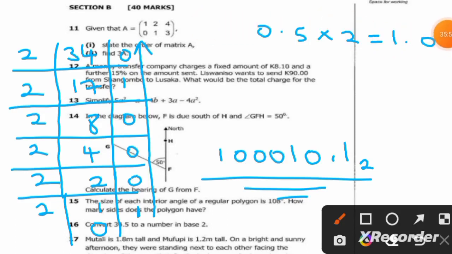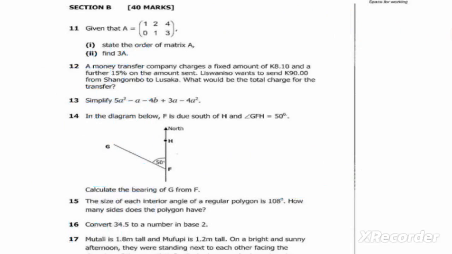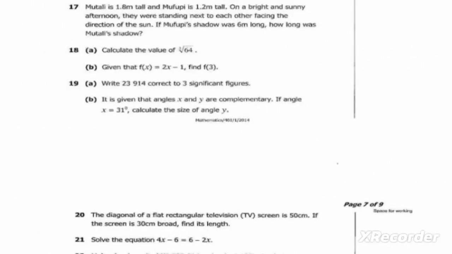Let us move on to the next question, which is question 17. The question reads, Mutali is 1.8 meters tall and Mfupi is 1.2 meters tall.